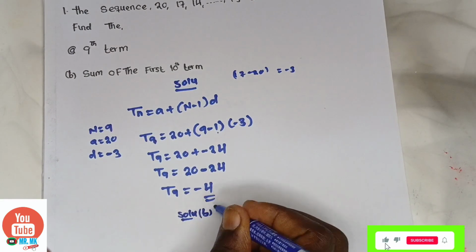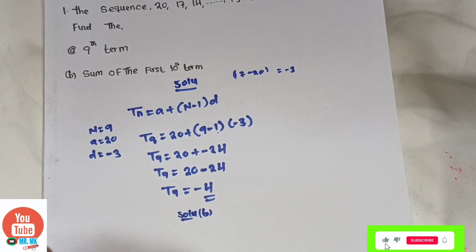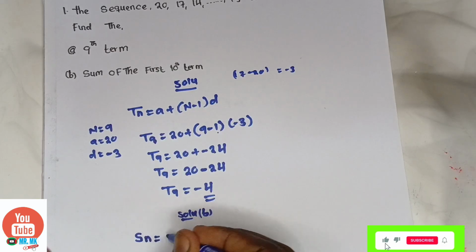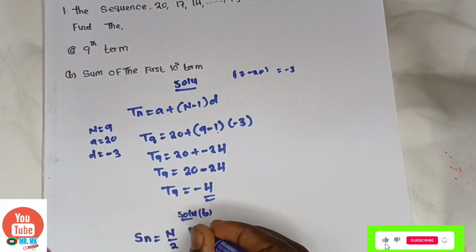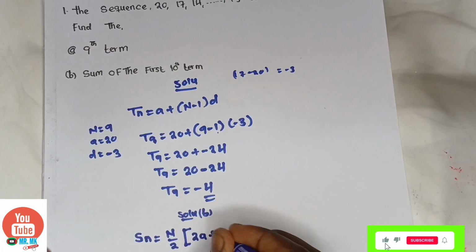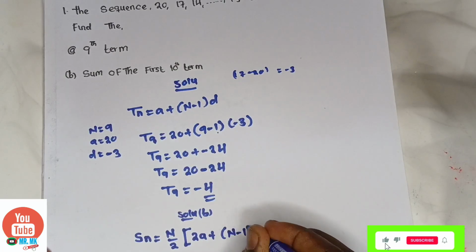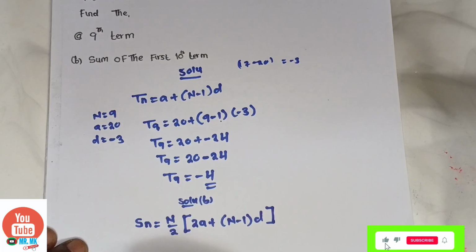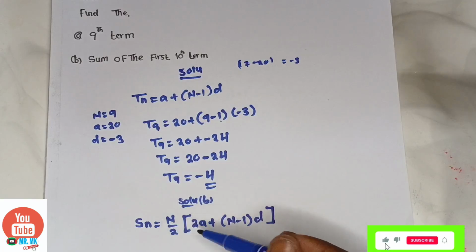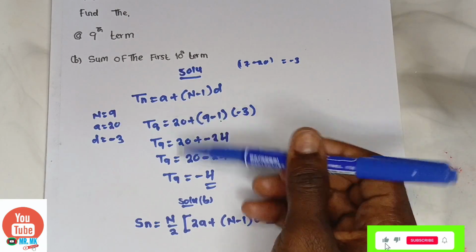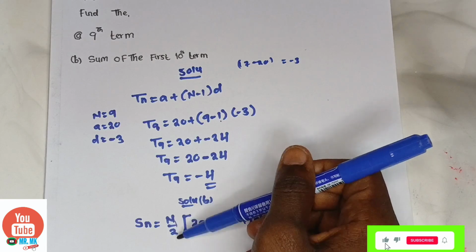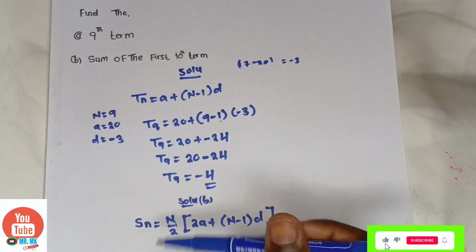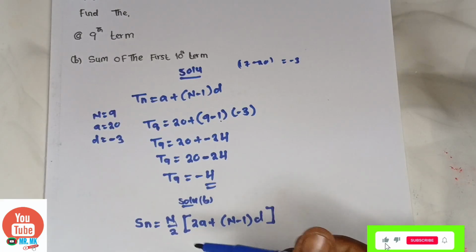Solution to question B: Sn is equal to n divided by 2, open bracket, 2a plus n minus 1 into d. This formula is just the same, but this one has a fraction, n divided by 2, and the first term is multiplied by 2. The only difference is that, but it is one and the same.